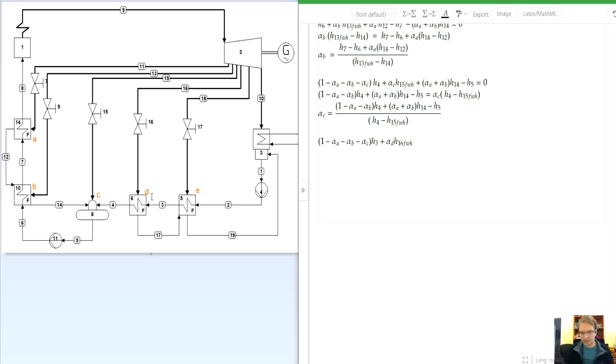So these were inlets, and outlets are the mass flow rate in the feedwater stream multiplied by enthalpy H4, and alpha D here, going here, multiplied by enthalpy H17.